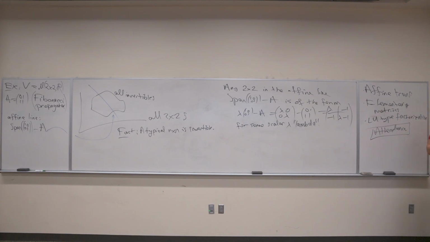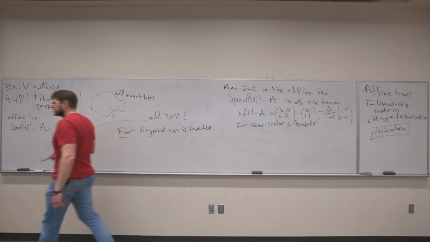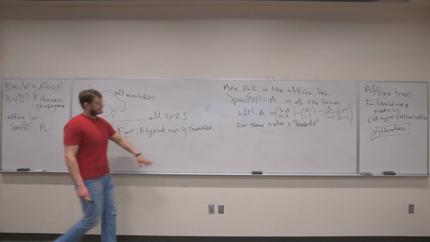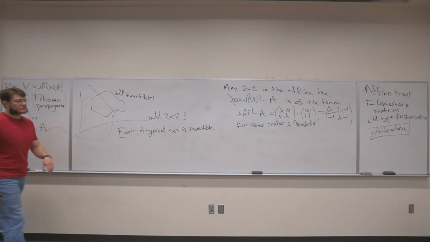Any questions about this so far? Now, what can I say then? How can I determine these lambda values for which this specific point in this line is outside the set of invertibles?